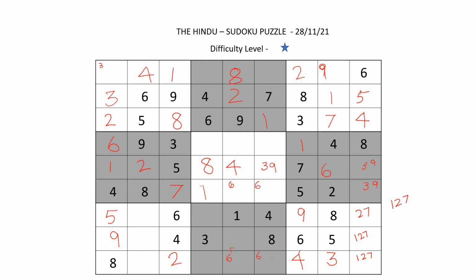In this block we have 2 cells missing. The missing numbers are, we have 1, 2, 3 is missing, 5 is missing. You can see this 3 here, so that 3 cancels out the 3 here, so obviously we get a 5 here. This becomes a 5. So this becomes a 3.